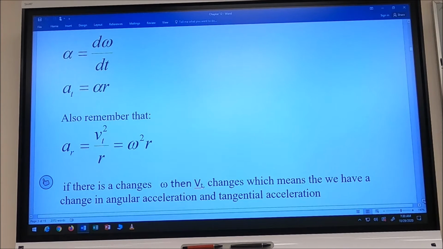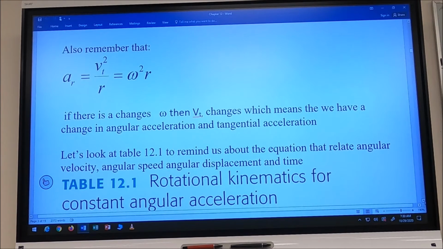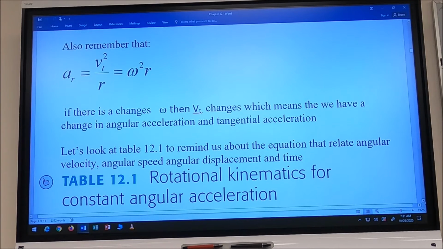Also remember that a sub r, the radial acceleration, is equal to v sub t squared over r, or omega squared times r. So every point on the object is going to have a different radial acceleration because it's going to be at a different location from the pivot point. So if there's a change in angular velocity, there's a change in tangential velocity for every point on the object.